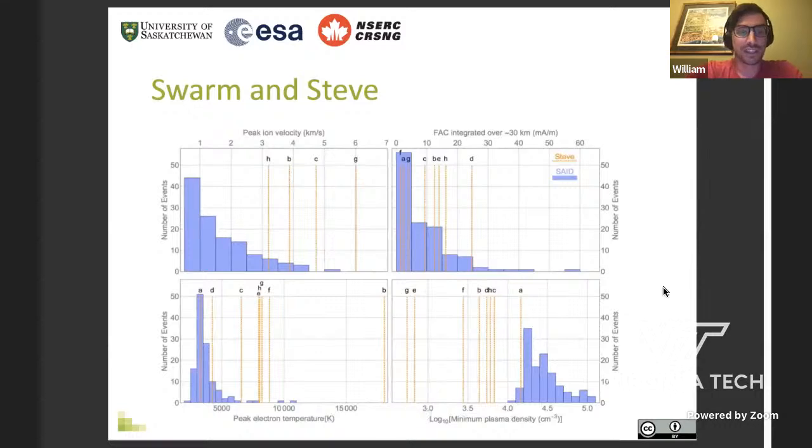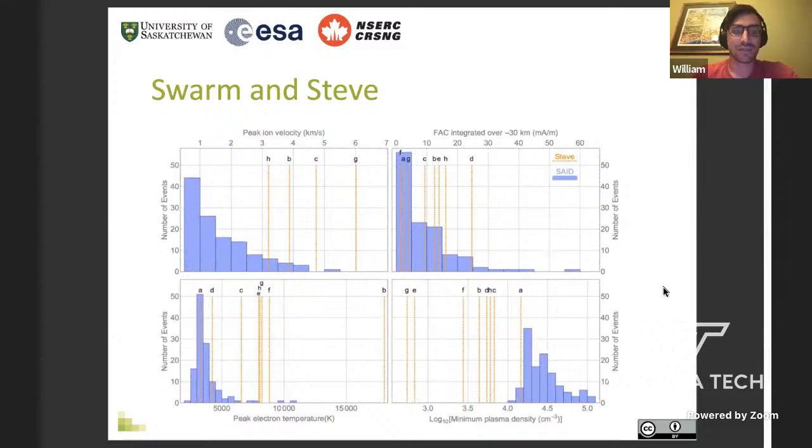We've got these 4 histograms now where, from upper left to lower right, we have peak ion velocity, field line current integrated over some region surrounding the Steve event, peak electron temperature in the bottom left, and minimum plasma density in the bottom right. What we found is that consistently these flows are fast, especially if we focus on the events in which the satellite passed directly through Steve rather than beside it, or perhaps outside the field of view of the camera.